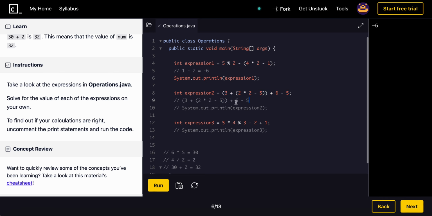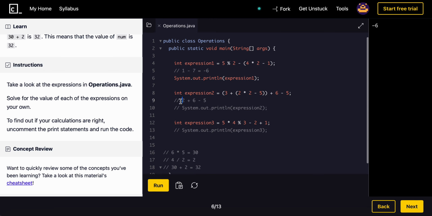First is the 2 times 2, so this becomes 4. And then you have 4 minus 5, which is -1. And then you can remove the parentheses if that's the only number. 3 plus -1 would give you 2, which you can remove.